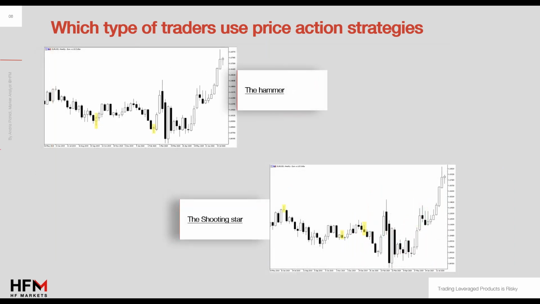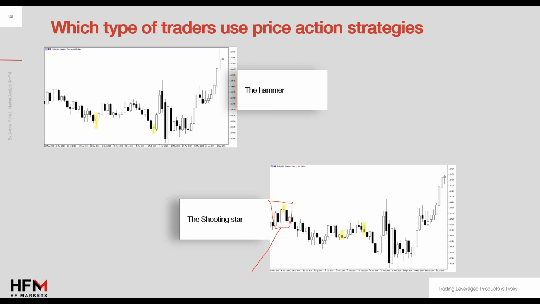Here I have some more examples. What is a shooting star? A shooting star can be seen at the top of an existing uptrend, and it is formed by three candles, okay? And it's at the top of the pre-existing long uptrend.